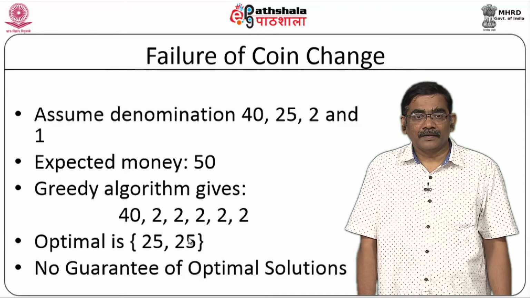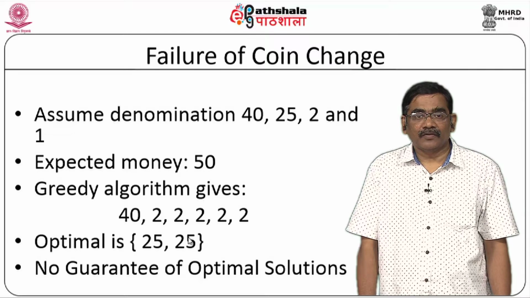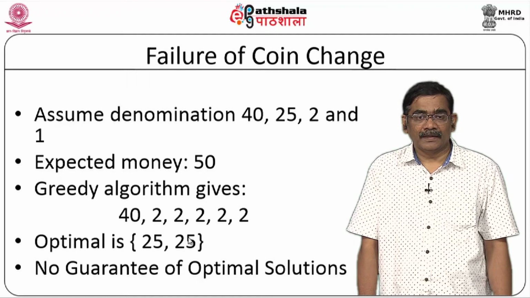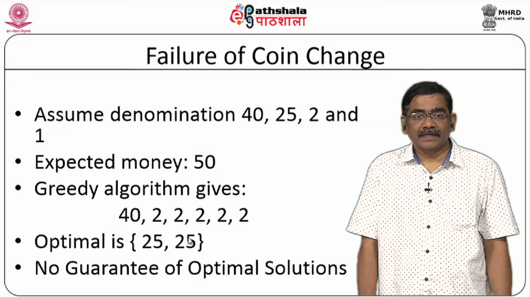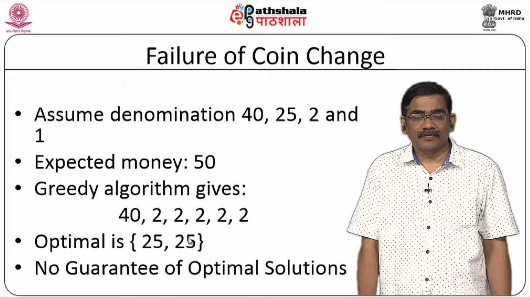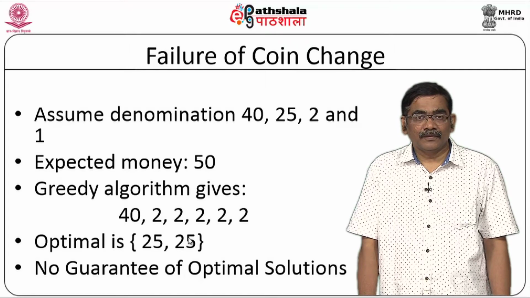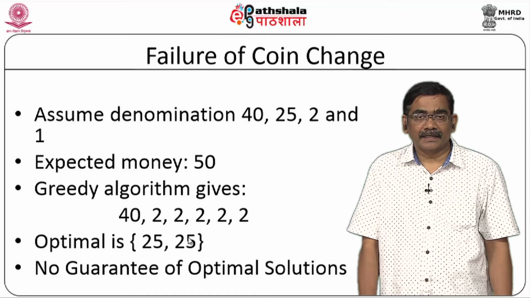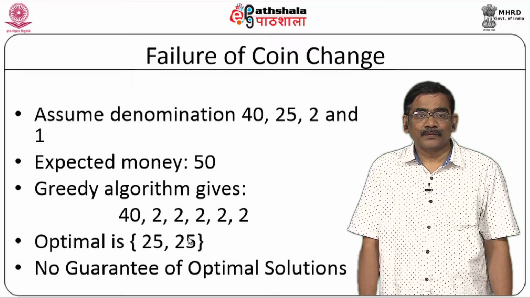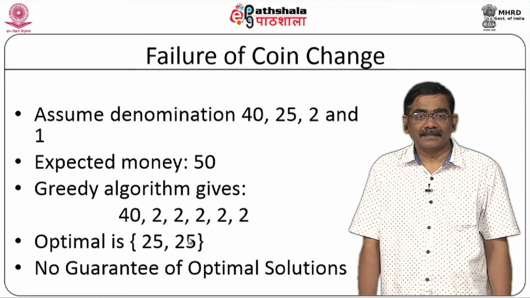For example, assume that we have denominations of 40, 25, 22 and 1. Let us assume that the expected money is 50. So, what will the greedy algorithm do? It will look for the largest denomination. So, 40 is the largest denomination. So, 40 will be given. So, that means 50 minus 40 is 10.